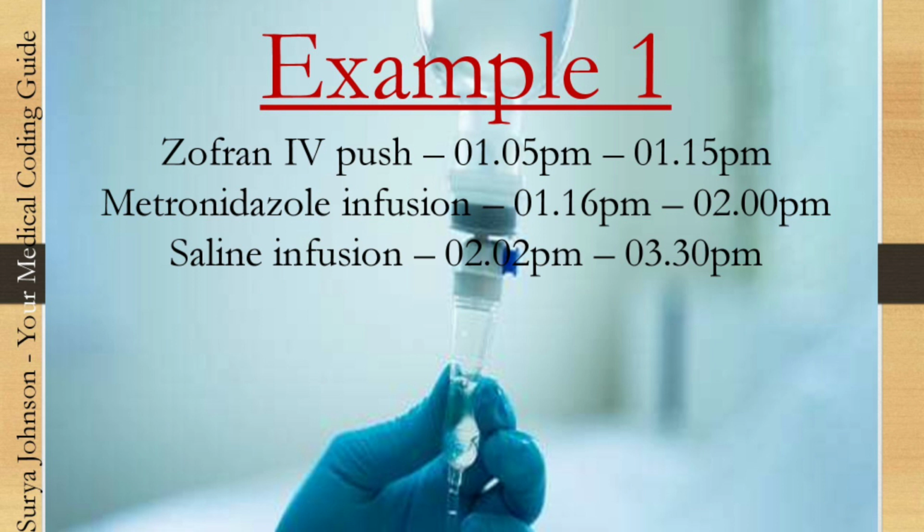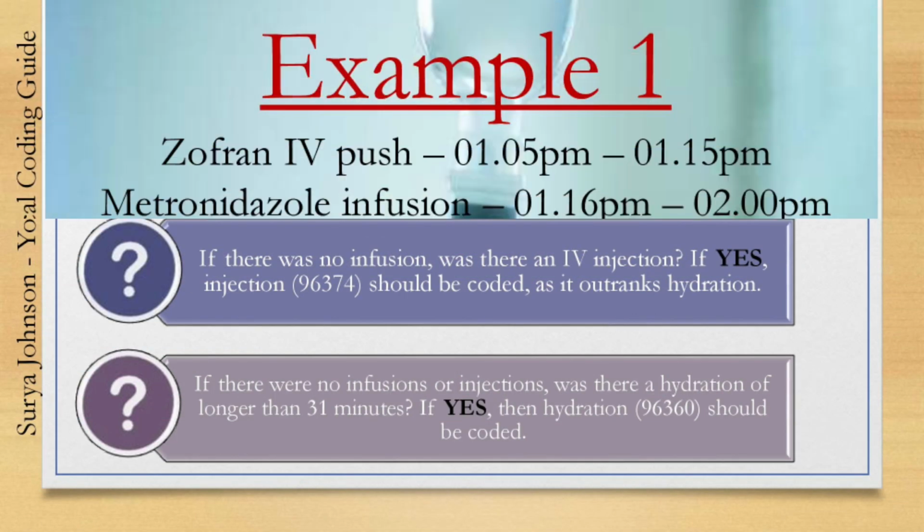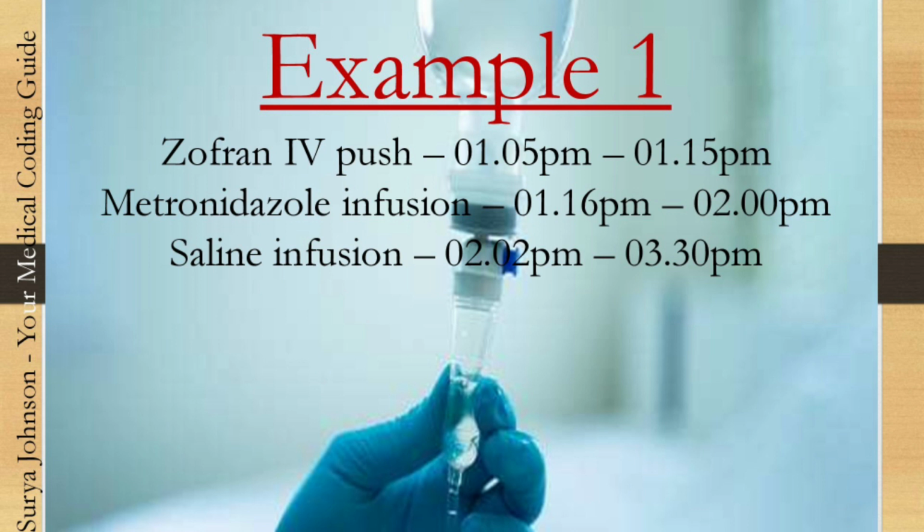As I've already told, we'll ask the 3 questions. Was there an infusion given 16 minutes or more? Yes, there is. There is metronidazole infusion given 16 minutes and above, 1:16 p.m. to 2 p.m. So it's already 16 minutes and above, but it does not exceed 90 minutes. So we'll code 96365 for metronidazole infusion.